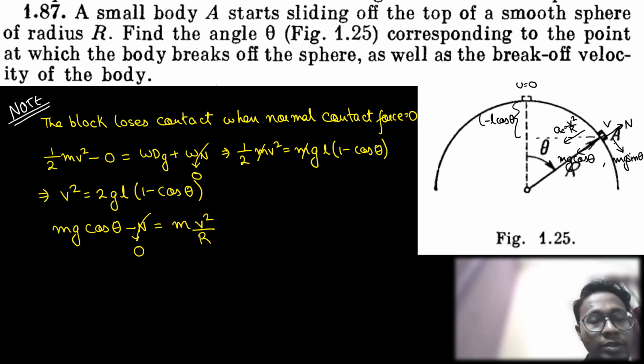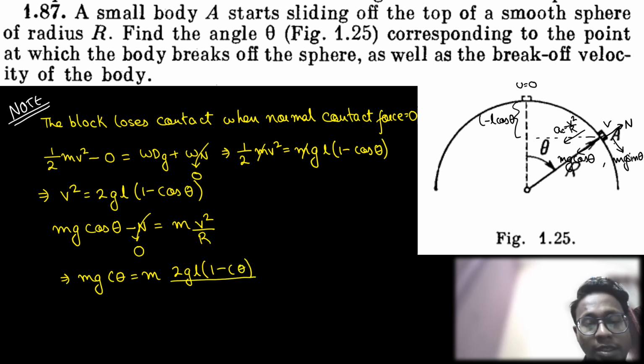Okay, so out here mg cos theta is equal to m times v square by r. The value of v square is 2gL into 1 minus cos theta, divided by r, where r is nothing but L out here, the length of this entire thing.